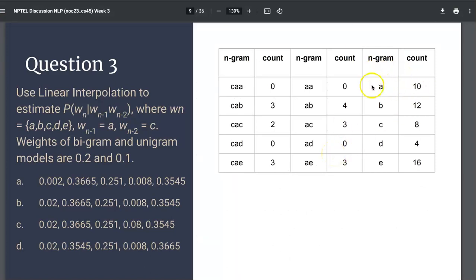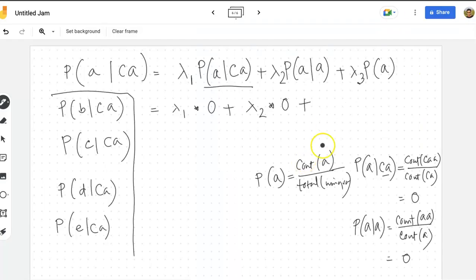The count of A is 10, and for the total you just need to sum up over this column: 16 plus 4 is 20, 18 plus 12 is 30, 20 plus 20 is 40, and it is 50. So it will be 10 by 50, which is 1 by 5. So it will be lambda 3 into 1 by 5.